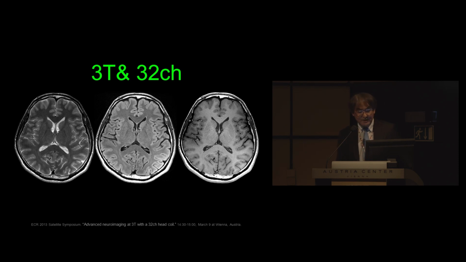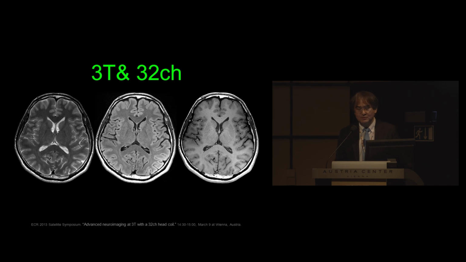However, if you go to 3T, you can have much better images. With the same resolution, you can have this kind of less noisy and much more well-demarcated images for T2 weighted image or FLAIR image, and this is a T1 weighted image. Actually, this was acquired by just one slice, so the contrast is quite maintained even going to 3T.